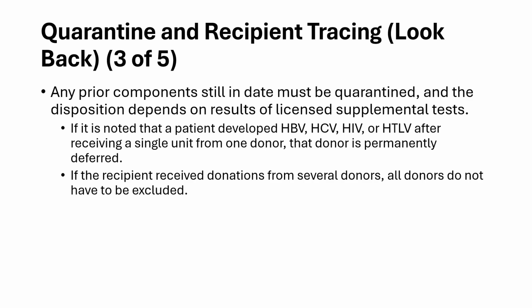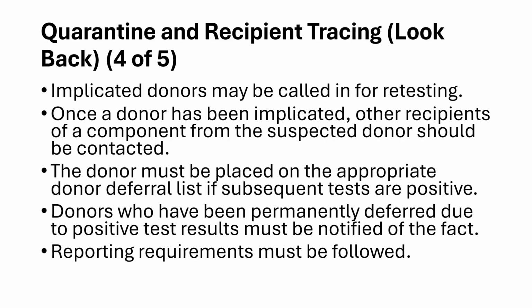If it is confirmed that a patient has developed hepatitis B, C, or HIV after receiving a single unit from one donor, that donor is permanently deferred from future donations. If the recipient received blood from multiple donors, it is not necessary to exclude all donors. The implicated donors may be called back for retesting.